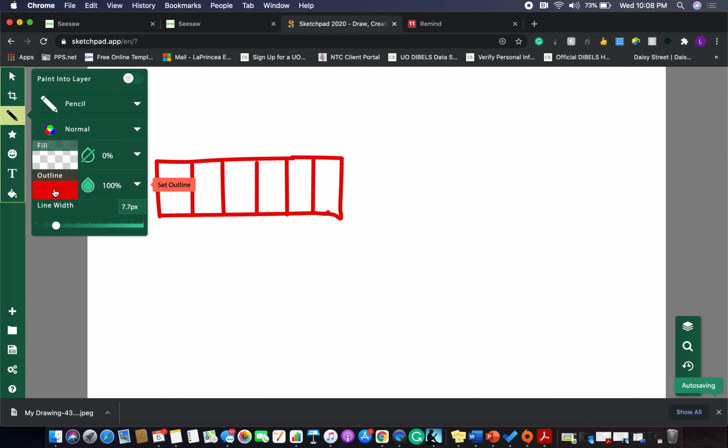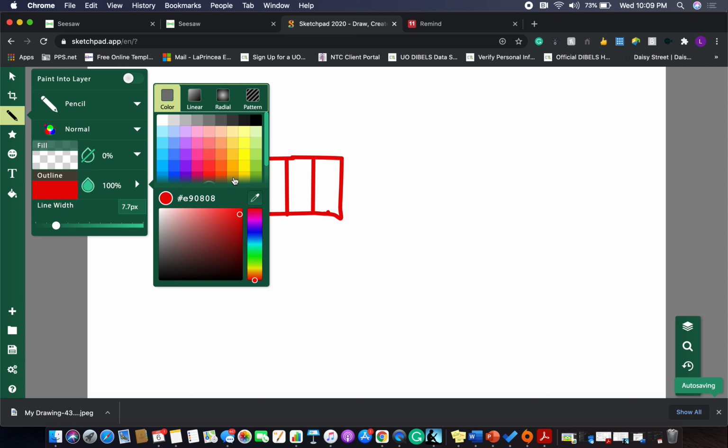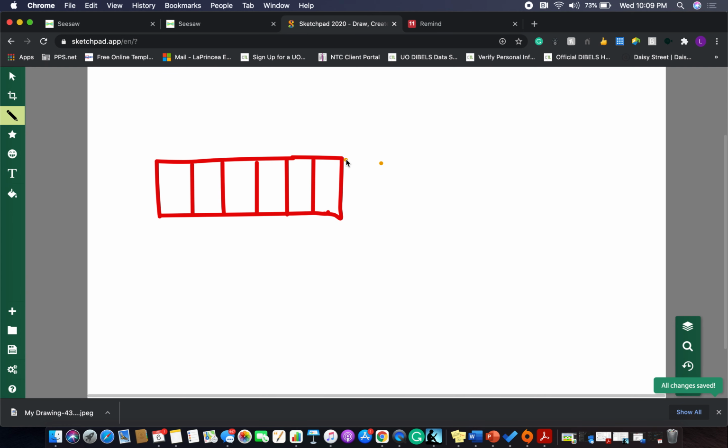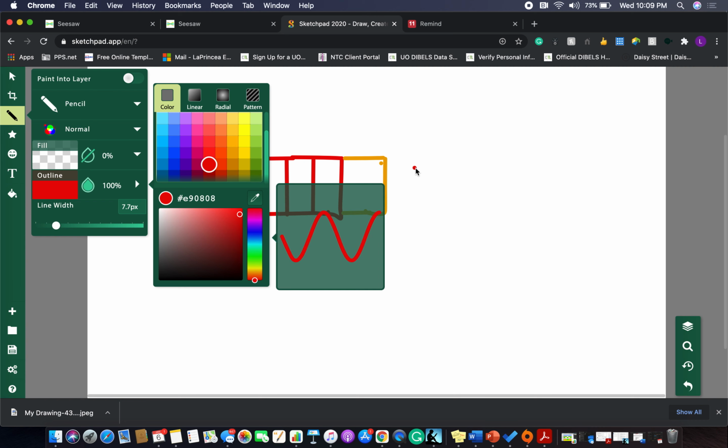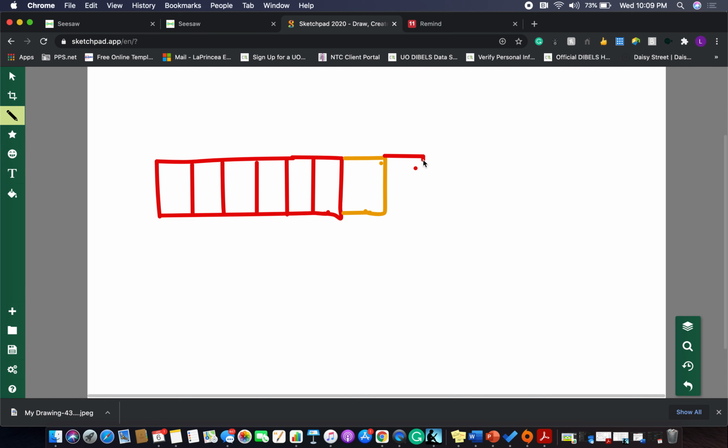Then I'm going to draw using a yellowish color, 1 rectangle. Then going back to my red again, I'm going to draw 4 more rectangles. I want you guys to do that as well.